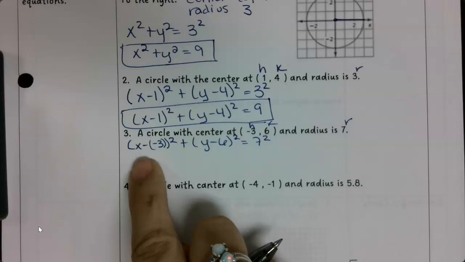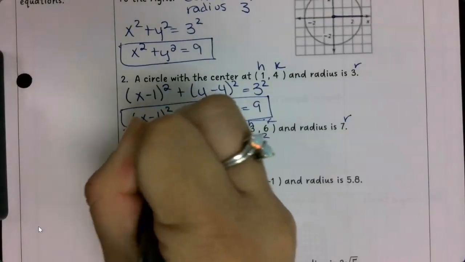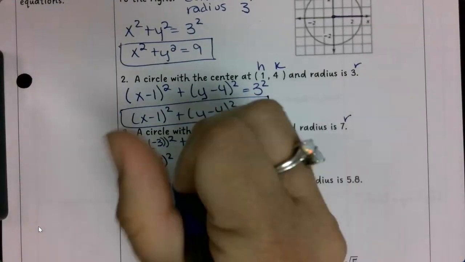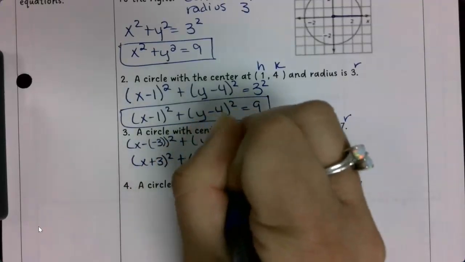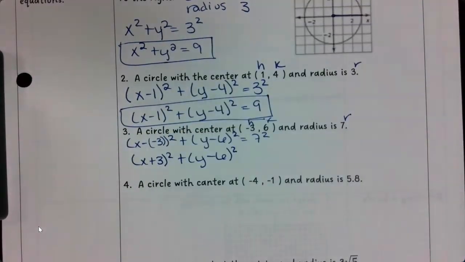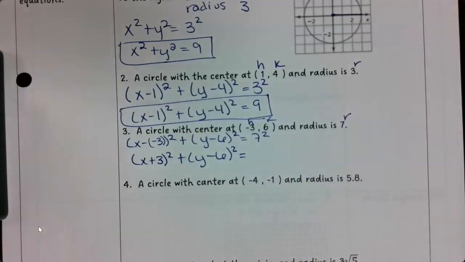So the double negative I want to turn into a positive. And then the y minus 6 part stays the same. What is 7 squared?